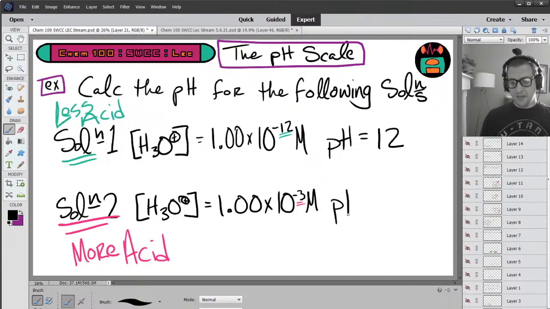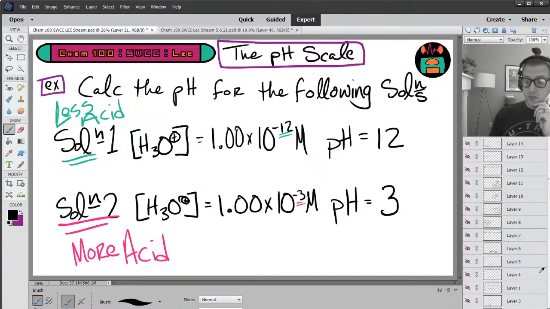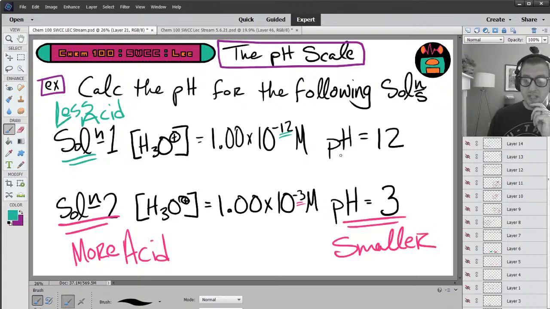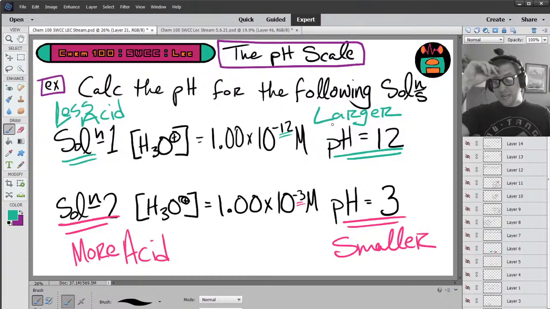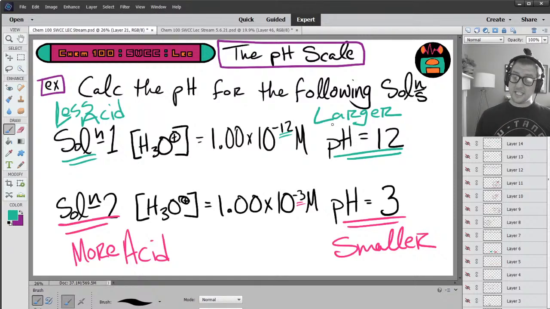This has a pH of 3. Notice the solution with more acid has a smaller pH. The solution with less acid has a larger pH.